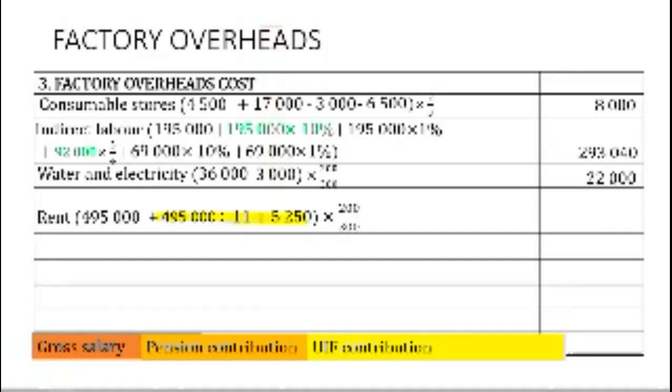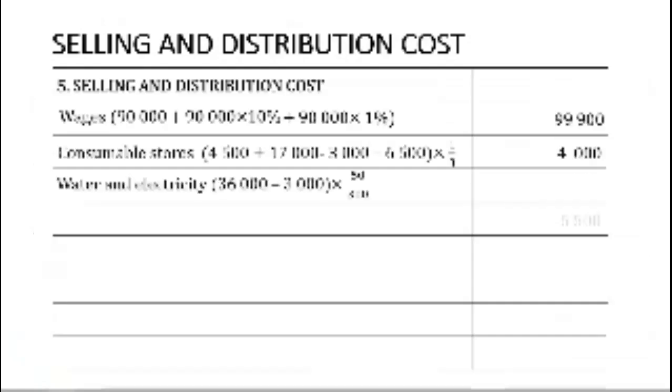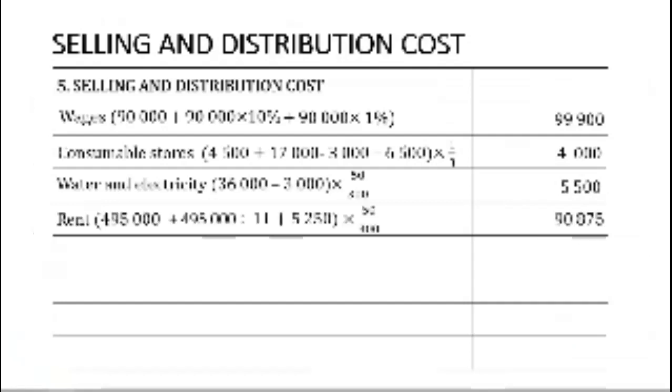And then you allocate 200 out of 300 that belongs to the factory, and that will give us 363,500. Of that amount, 50 out of 300 will go to selling and distribution, and the other 50 out of 300 will go to administration.